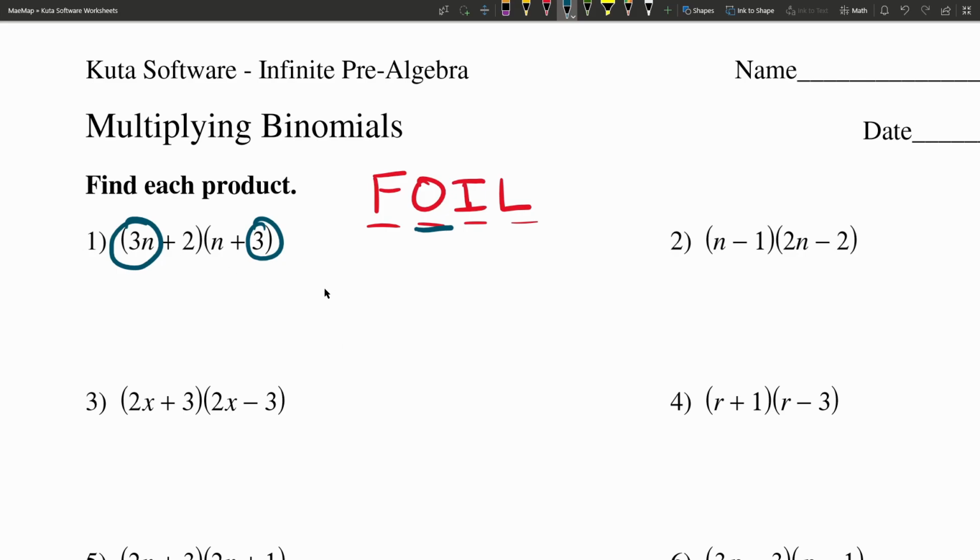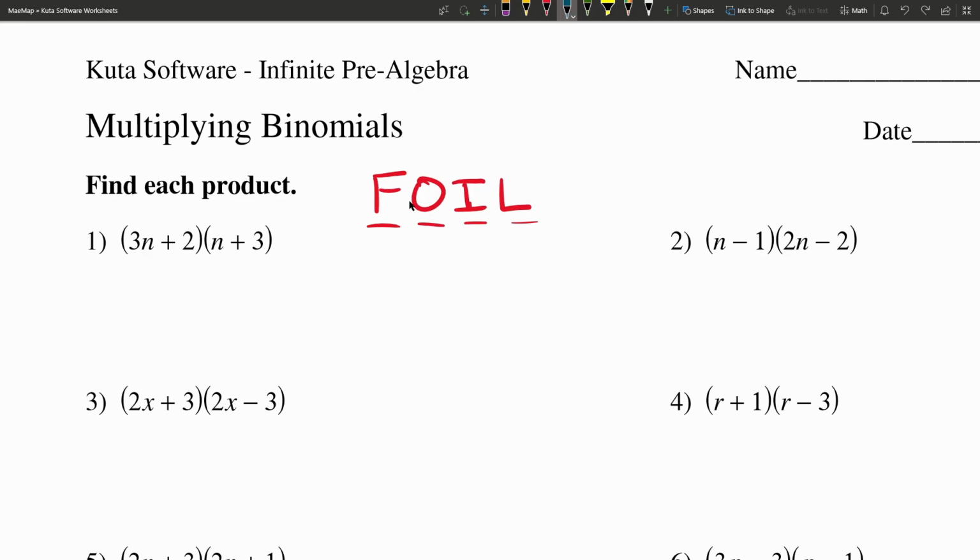Combine those. Then we're going to take the inside terms. Here are 2 inside terms, so combining those. And then lastly, our last terms. So the last 2 terms of our binomials, combining those. So again, FOIL. First, outside, inside, last.